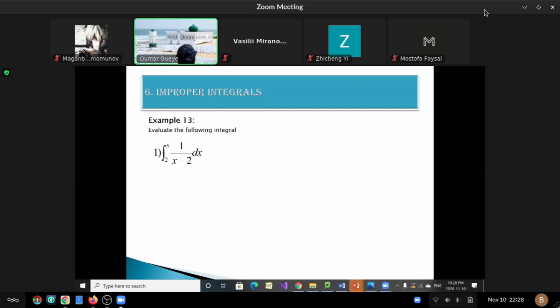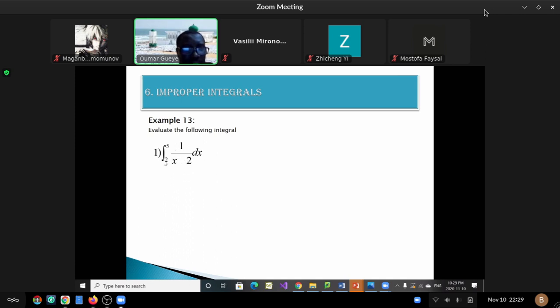All right, first example here. We just want to calculate the integral from 2 to 5 of 1 over x minus 2. To calculate this integral, you can see the bounds are both real, but it's still an improper integral because at 2, the lowest endpoint, my function is undefined.